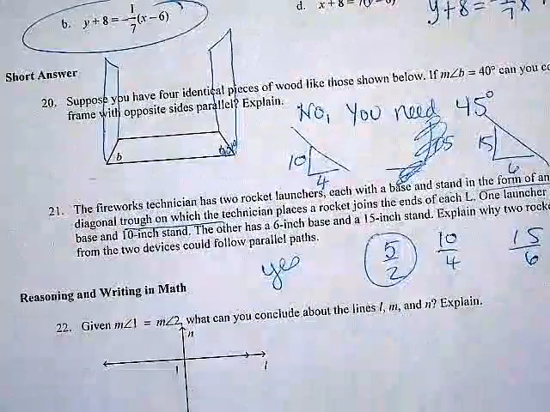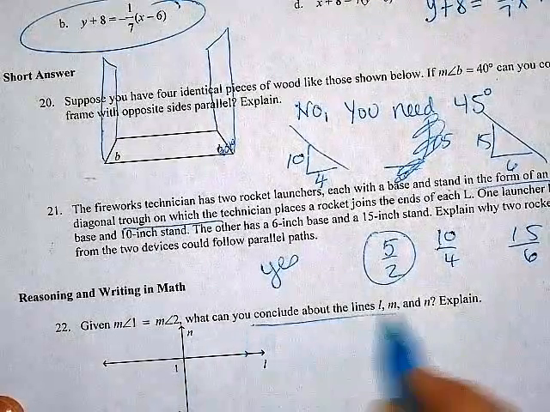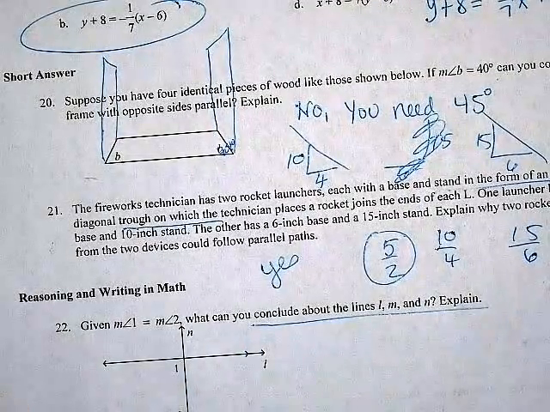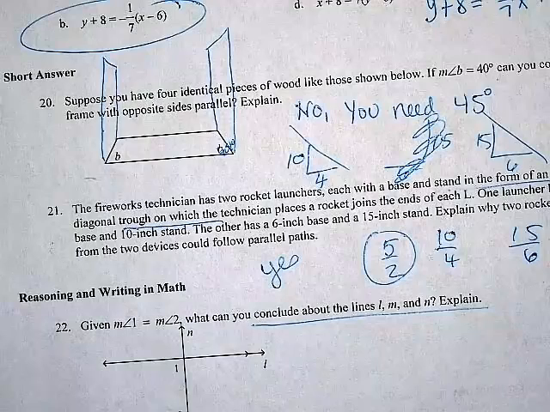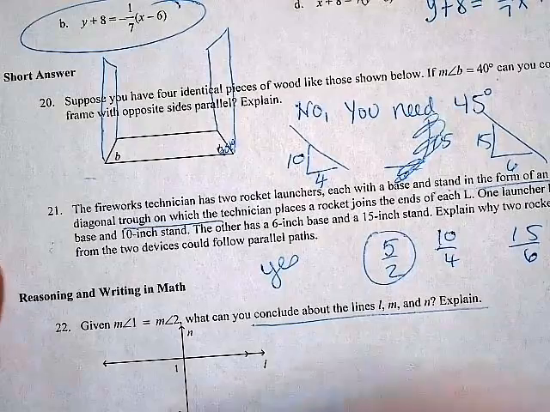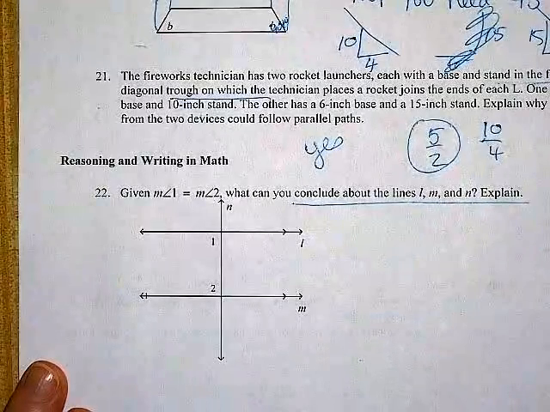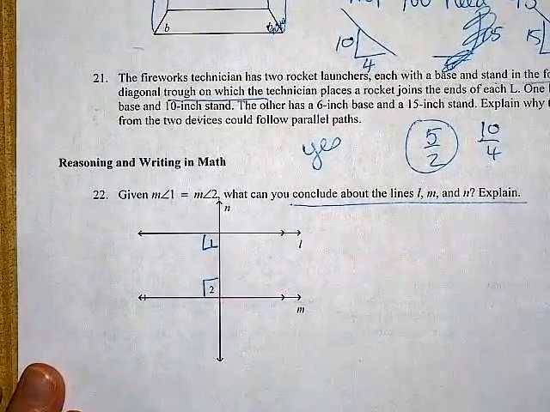Given the measure of angle 1 is equal to the measure of angle 2, what can you conclude about these lines? L and M are both perpendicular to N. Because they are supplementary, if 1 and 2 add up to 180 and they're equal to one another, you know they have to be 90.